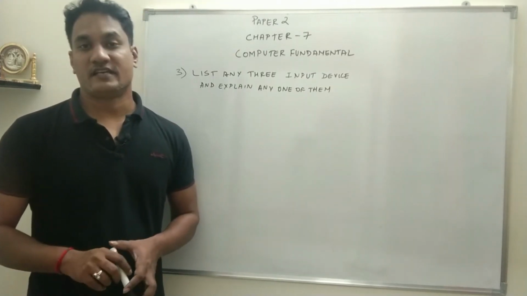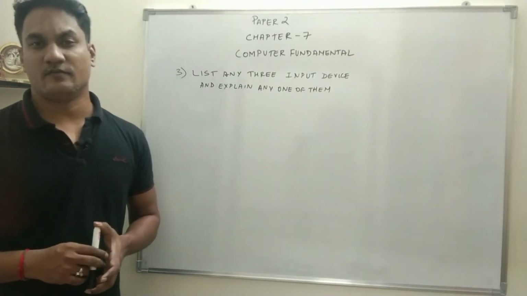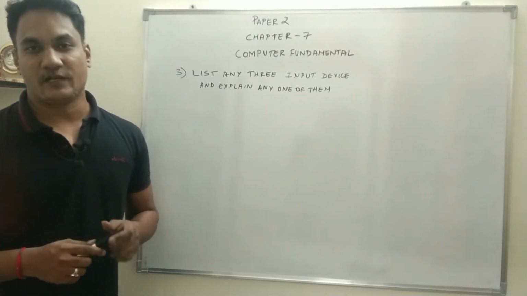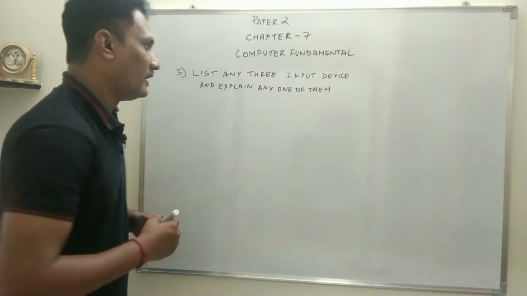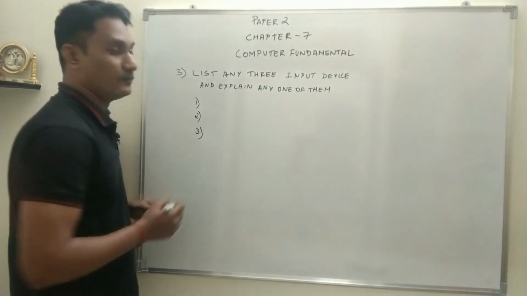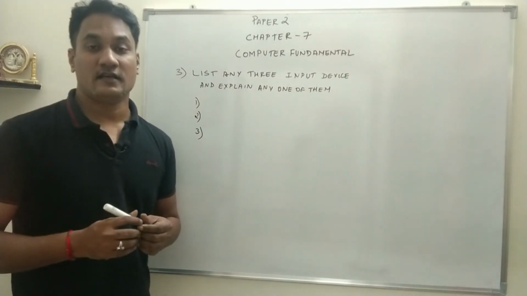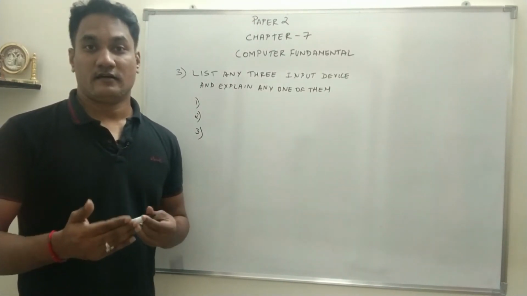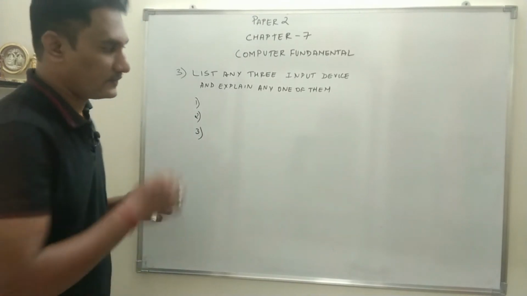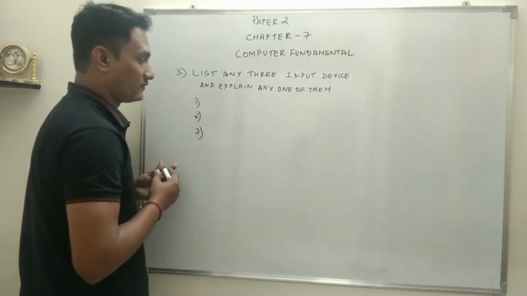The next question which has been asked in board exams several times is: list any 3 input devices and explain any one of them. Of course, in the previous video I told you what the input devices are, which transfer data into the computer. Through the primary memory it will be transferred to the ALU.